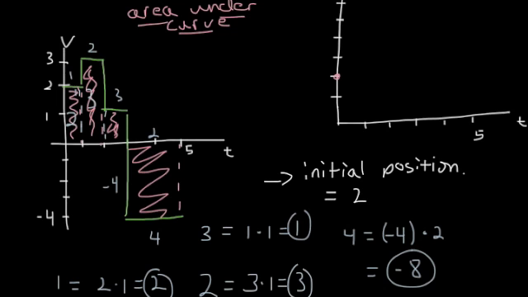So in our first time frame, which was 1 second, from 2, I moved 2 more meters. So I'm going to go up 2 and over 1 second and put a dot.